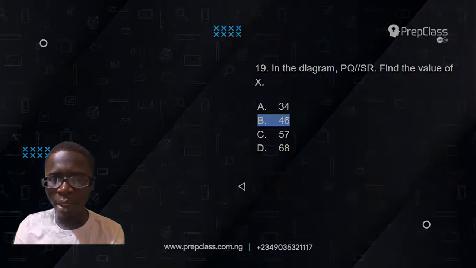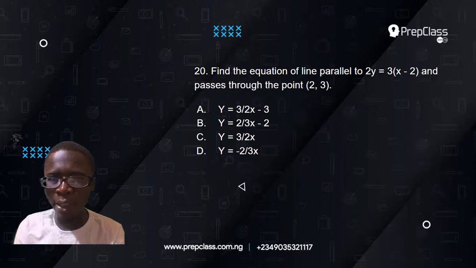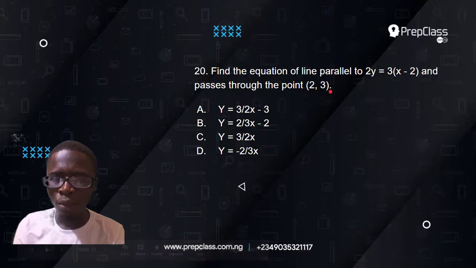Our question says in question number 20 that find the equation of the line parallel to 2y is equal to 3 open bracket x minus 2 close bracket and passes through the point 2 for x and 3 for y. So this is a coordinate geometry question, and we're given a line with an equation, and the line passes through this.